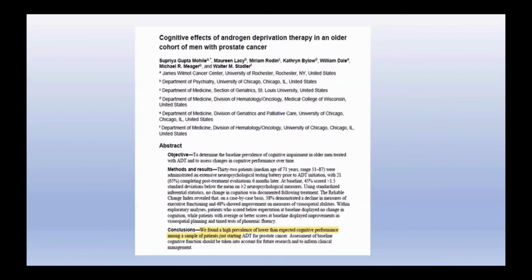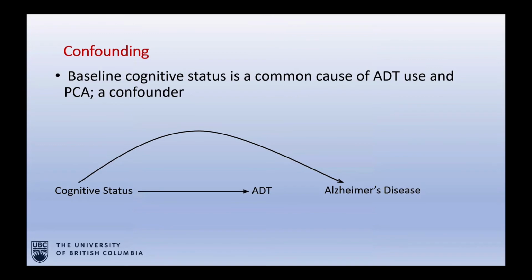I was just going by this specific study that showed that cognitive status is lower in patients with ADT, so there could be an association with ADT use. Yes, it's been established, I think. Okay, so I think that we all agree that there's an association. You start ADT, cognitive status is affected. I just wonder why the arrow is pointing in the direction of cognitive status to ADT. Is that standard nomenclature in your domain?